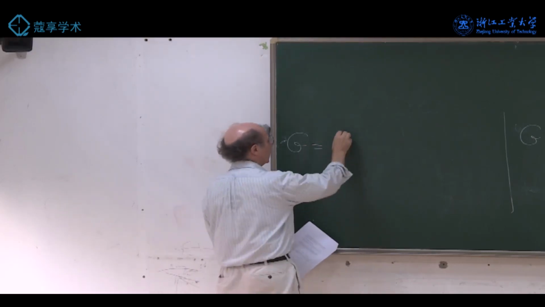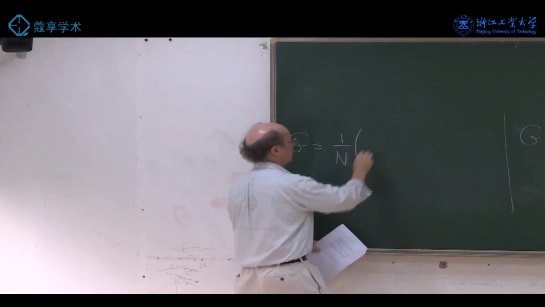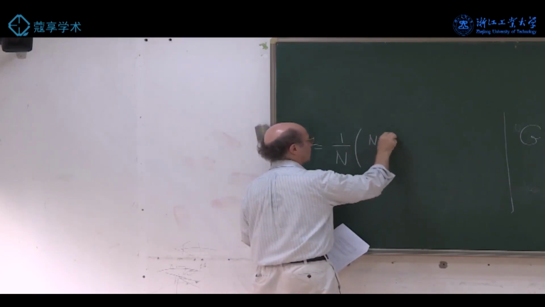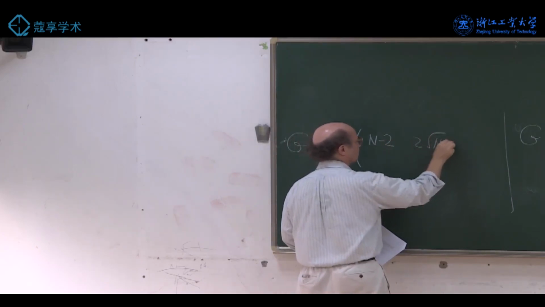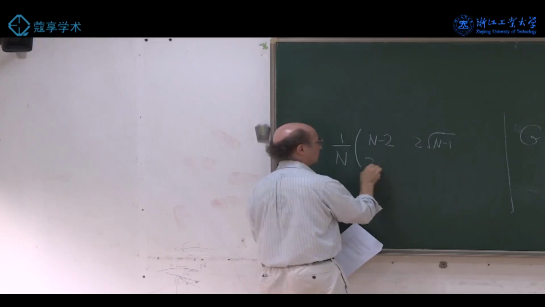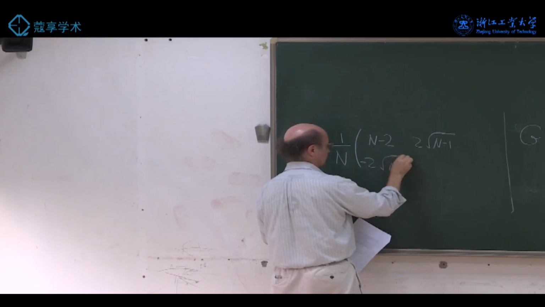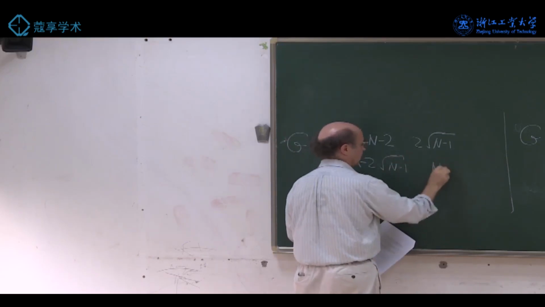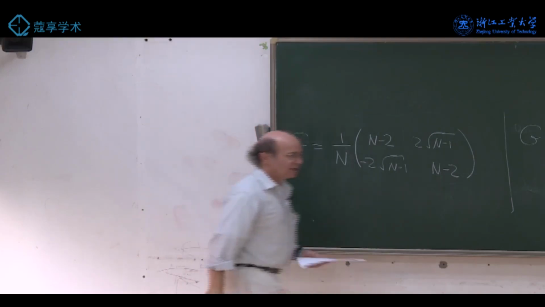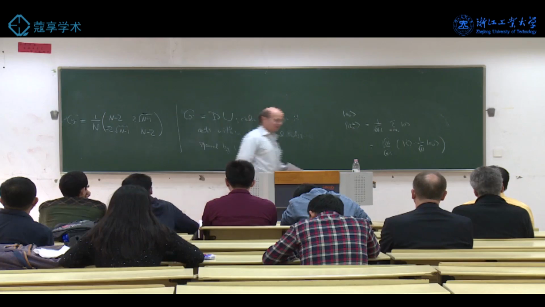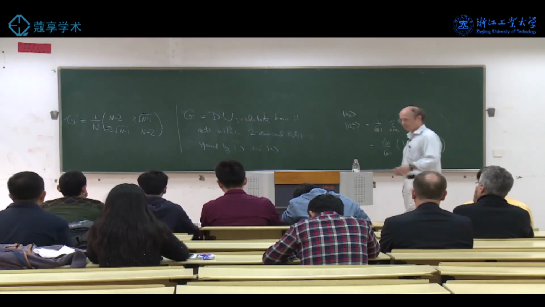G equals 1 over n, and then n minus 2, 2 square root of n minus 1, 2 square root of n minus 1, with a minus sign, and n minus 2. It should be a unitary operation. In fact, it's simply a rotation in this two-dimensional space.